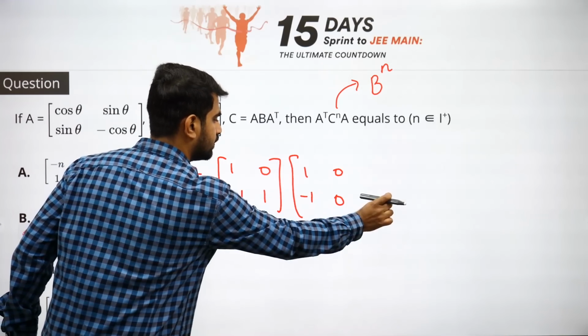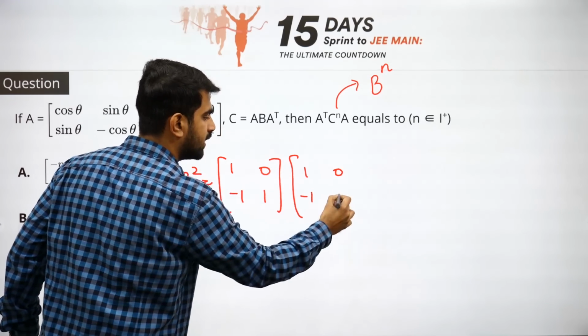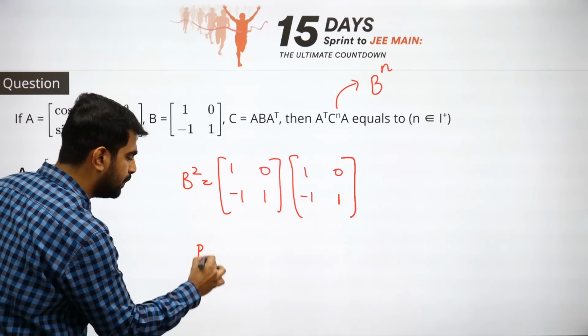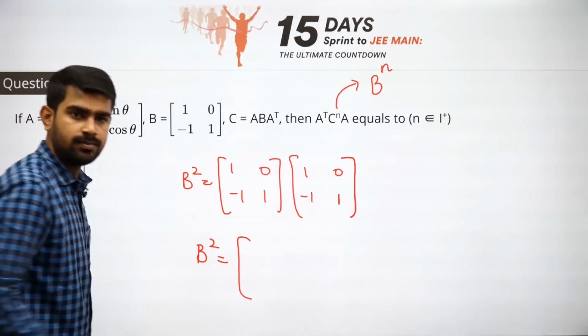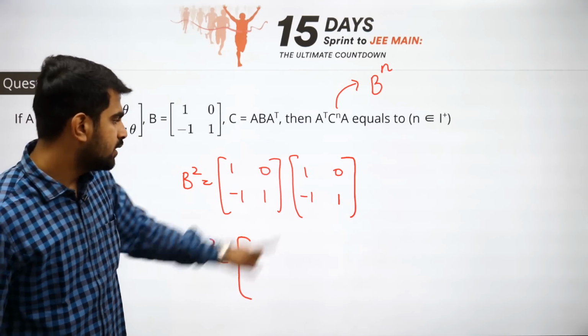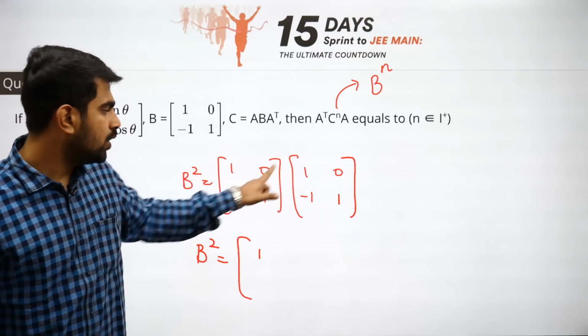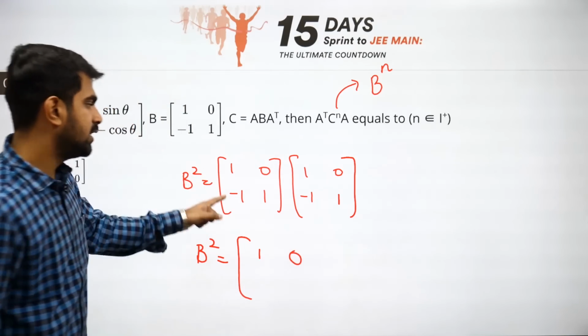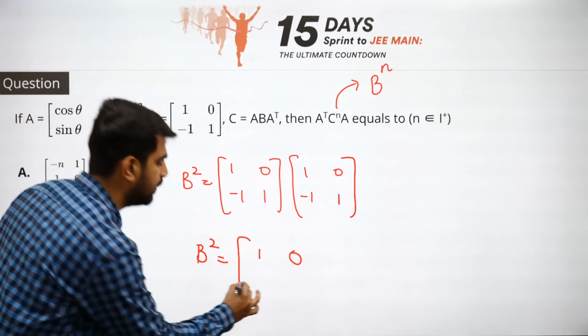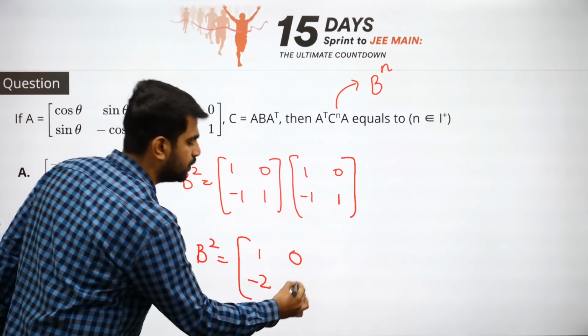I'm sorry. It is 1. So what is B square going to be? Any idea? It is going to be 1. It will obviously be 1 only because 1 0. Next will be 0 0, so it is going to be 0. And this will be minus 1, so it will be minus 2. And the next one will be 1.